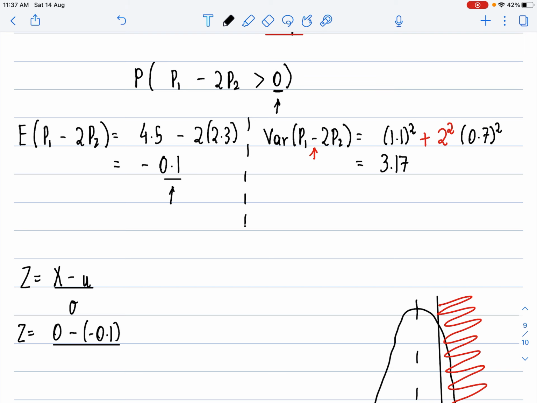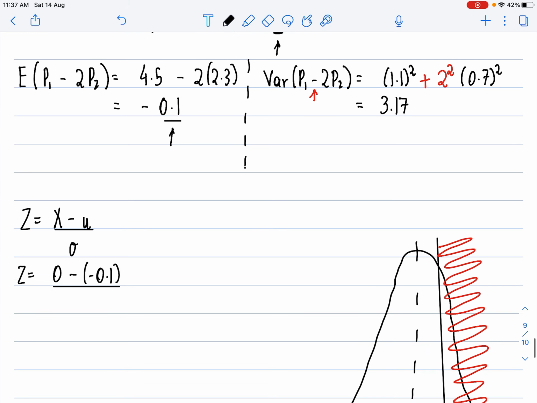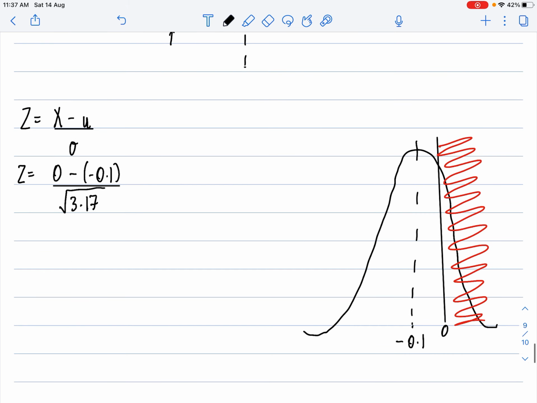And the standard deviation will be the square root of the combined variance. So it's the square root of 3.17. So I'll have my z basically as 0.05616. This is what I'll basically get.